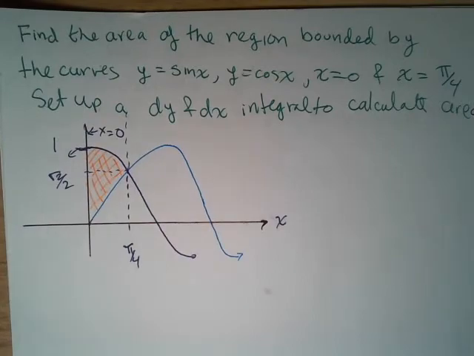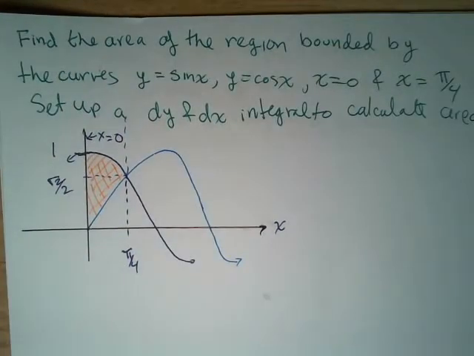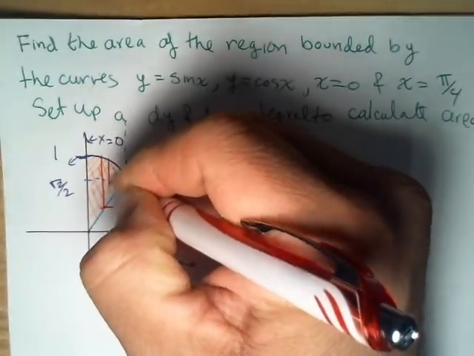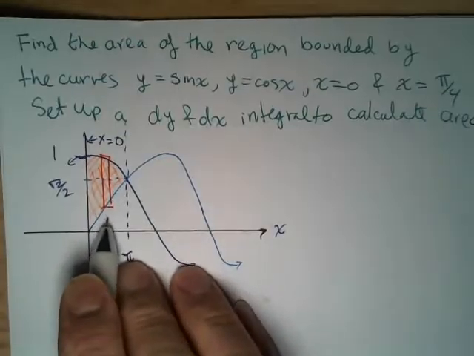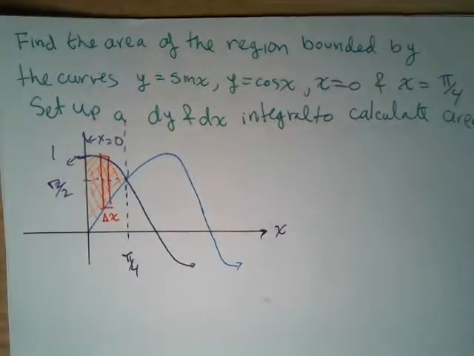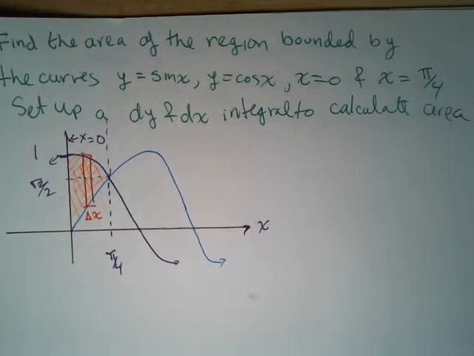I also like to draw, in another color here, just a rectangle there. Since the base is parallel to the x-axis, I'll call it delta x. So that tells me that is dx.